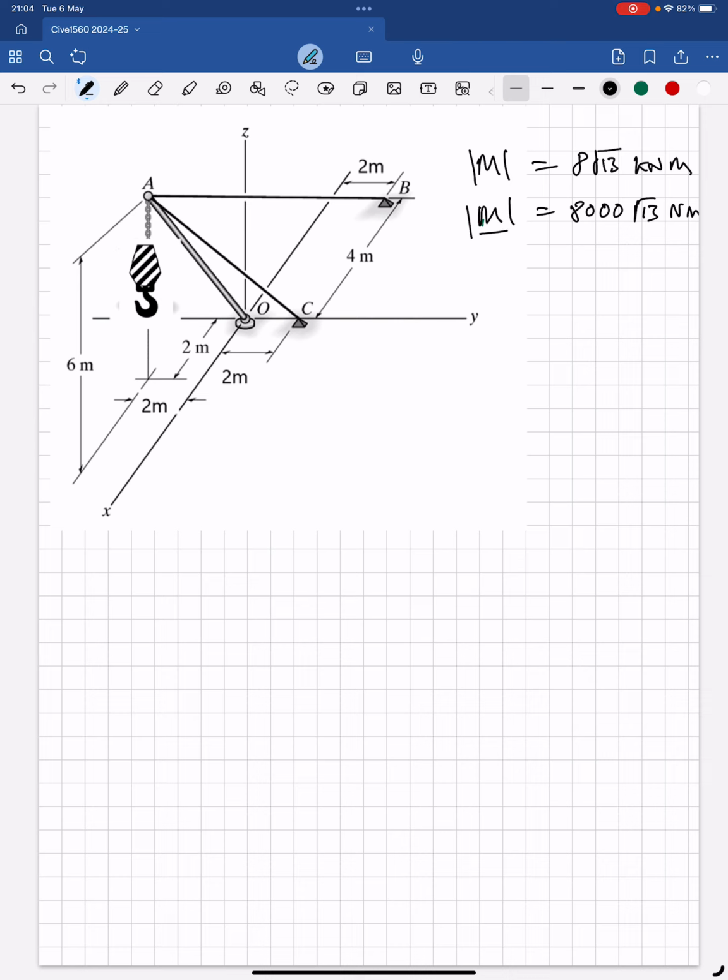Remember, the magnitude of M. What we can calculate though now is M, this moment, which is equal to the force F times r, where r is AB. So F times AB vector, so a cross product.